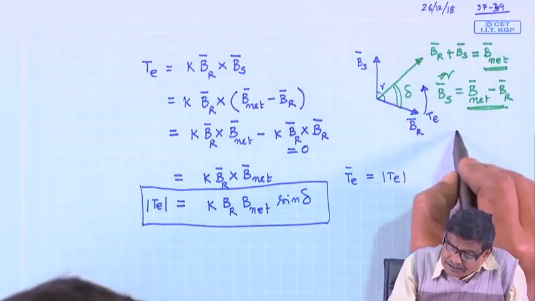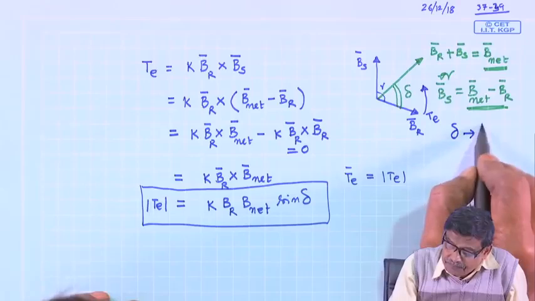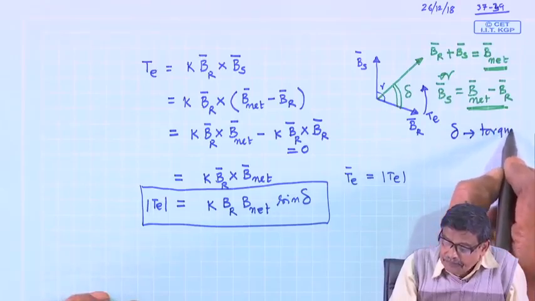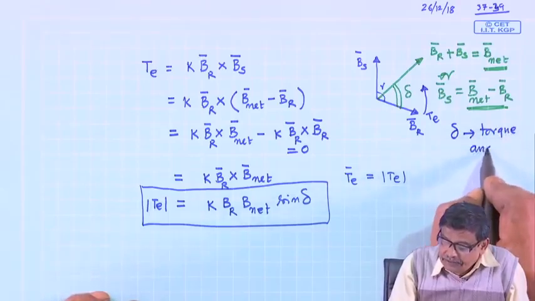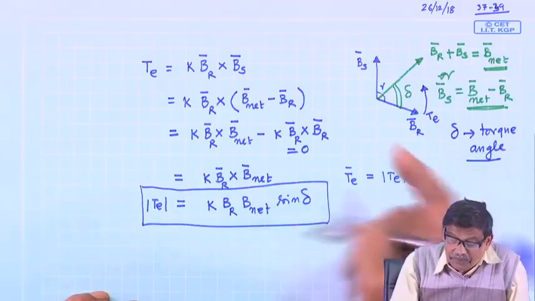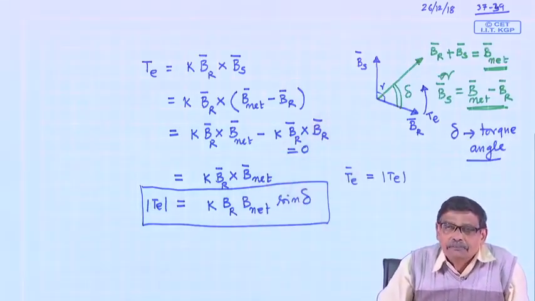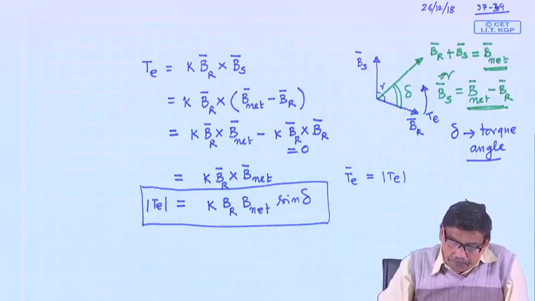That is why delta is called the torque angle, which is the angle not between B r and B s, that is gamma, but between B r and B net.